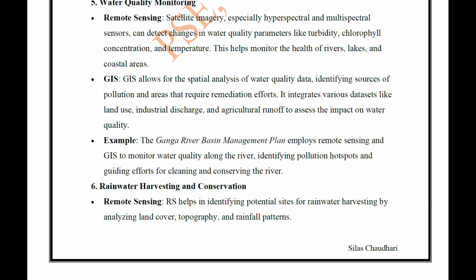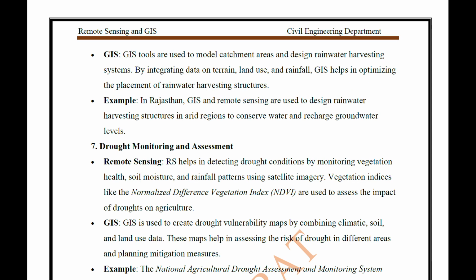Sixth is rainwater harvesting and conservation. Remote sensing helps in identifying potential sites for rainwater harvesting by analyzing land cover, topography, and rainfall patterns. GIS tools are used to model catchment areas and design rainwater harvesting systems by integrating data on terrain, land use, and rainfall.